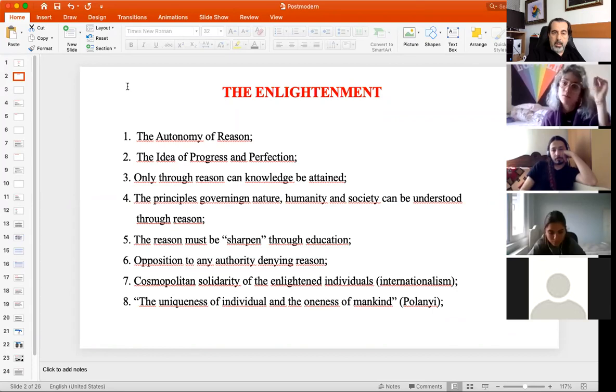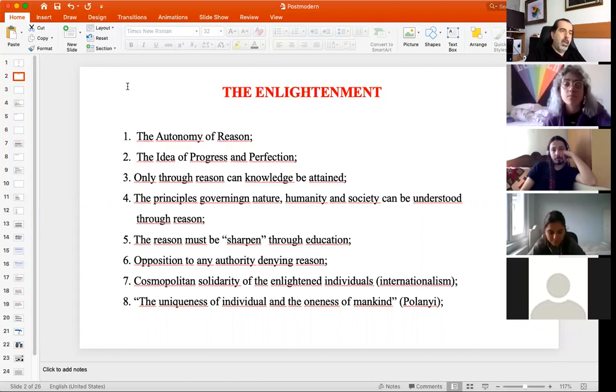One is the autonomy of reason. Reason as a human faculty is capable of finding answers about everything, about nature, about society, about human beings themselves, etc. The second point is the belief in progress and perfection.